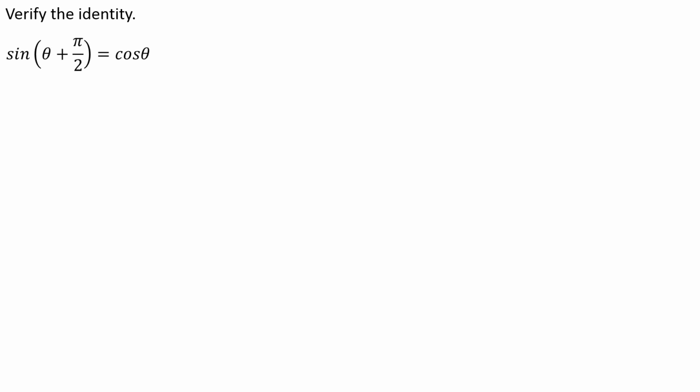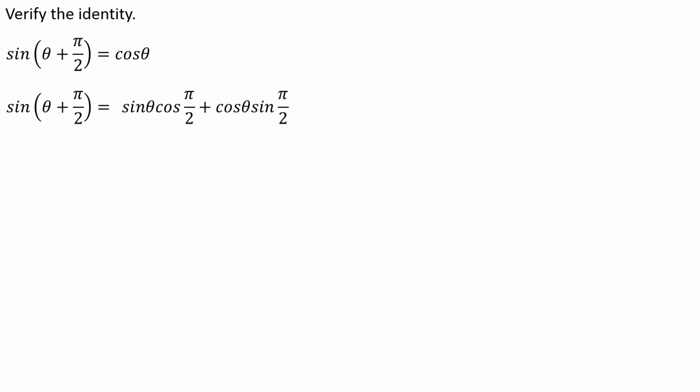Hey, this is what else we like to do. We like to verify identities. Of course, what is always my first step? Well, my first step is always write down the left-hand side. So I'm going to start with sine of theta plus pi over 2. Of course, this will expand to become sine u cosine v plus cosine u sine v.